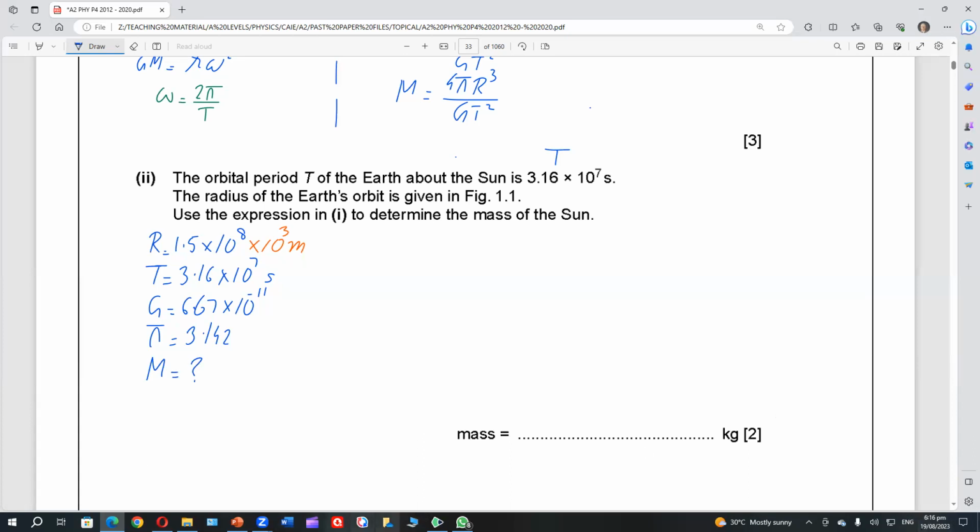First make the data and then solve. What value you got for M?